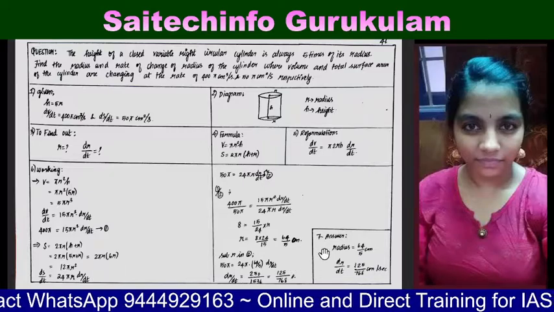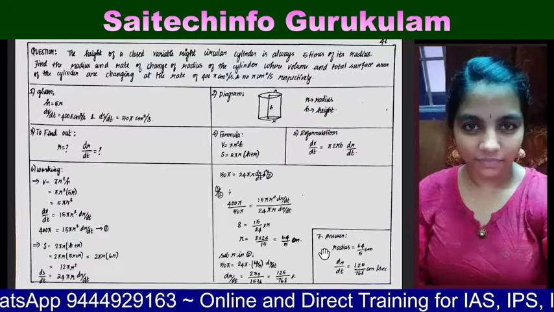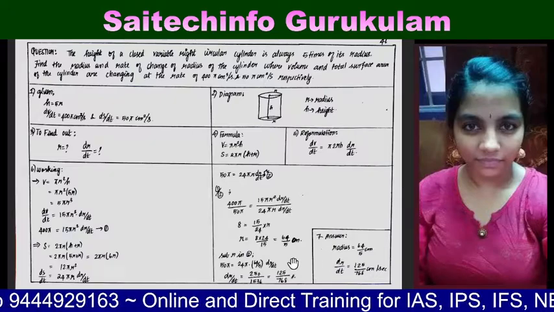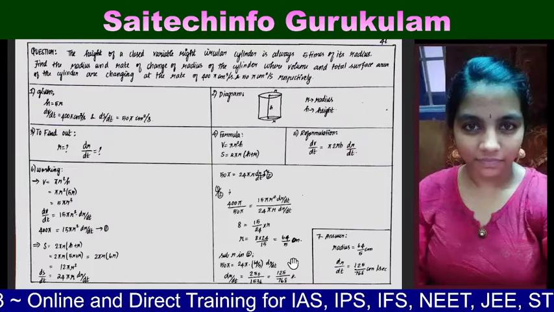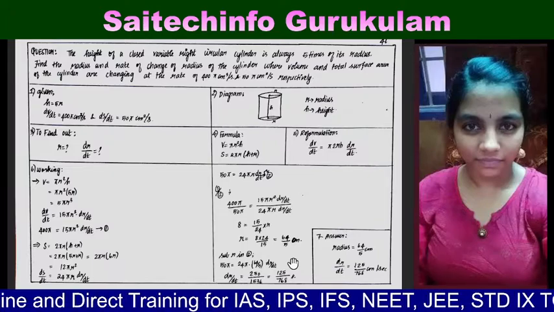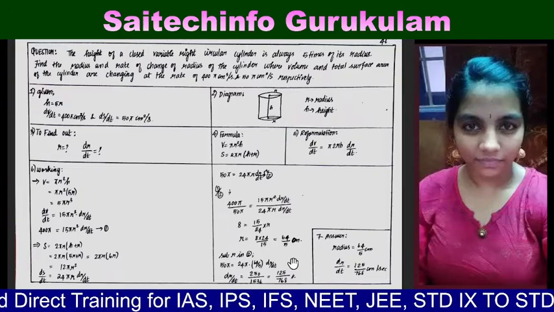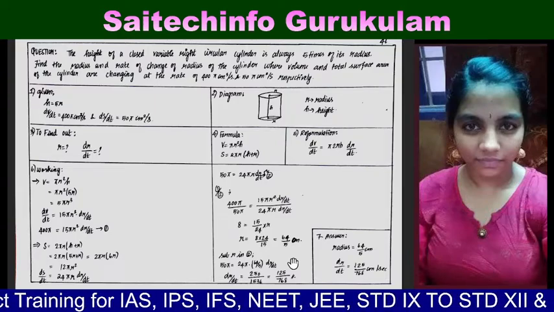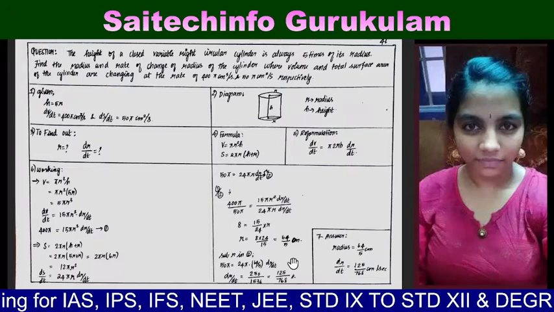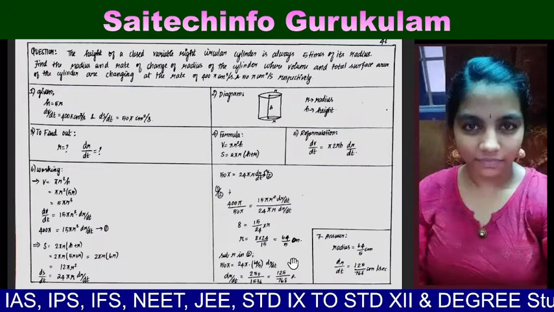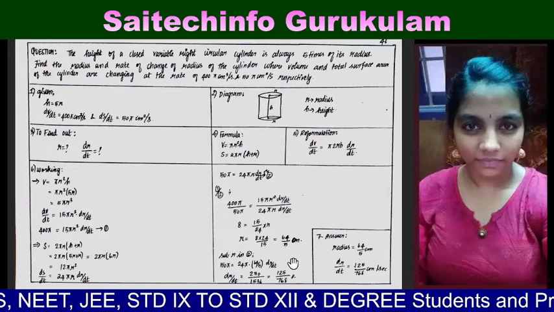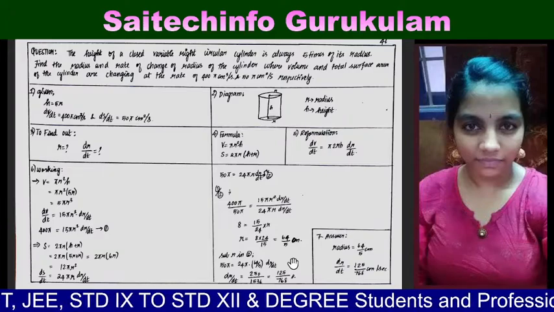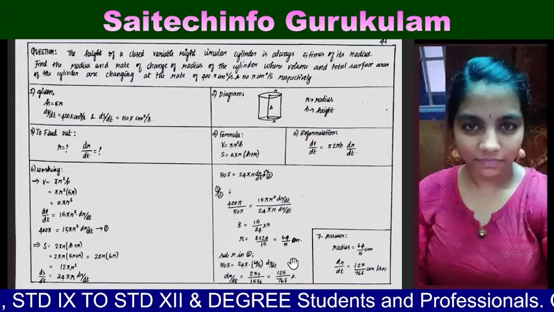But the question is not over, because they have also asked dr by dt, that is the changing radius, differentiation with respect to time. So dr by dt equal to what? Substituting r in any one of the equations, we will get dr by dt. So I am going to substitute r in the second equation, so that 50 pi is equal to 24 pi into r.